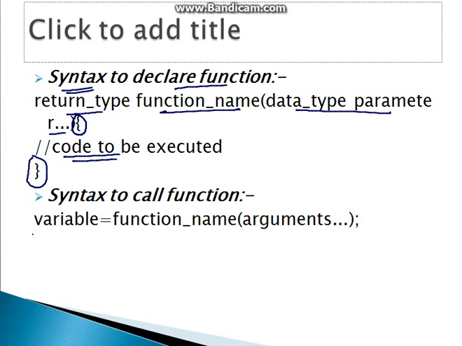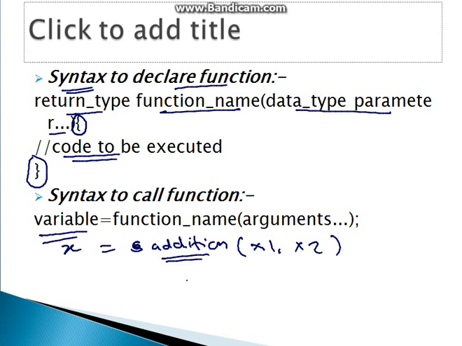Here a variable is to be taken, say x, and then we write the function name. For example, take the function name as addition, and the arguments to be written are x1 and x2. Both are arguments which we have taken. So addition is the function. Once the code of addition is written inside, anytime you want to add two numbers, you just write addition(3,4).